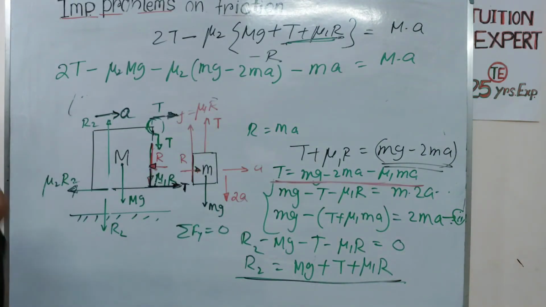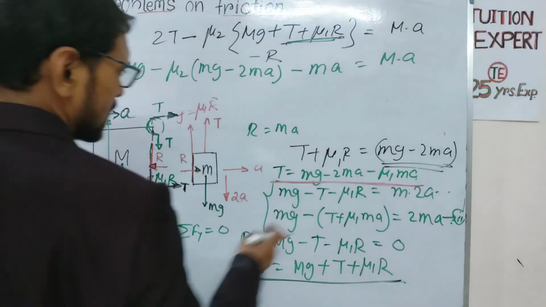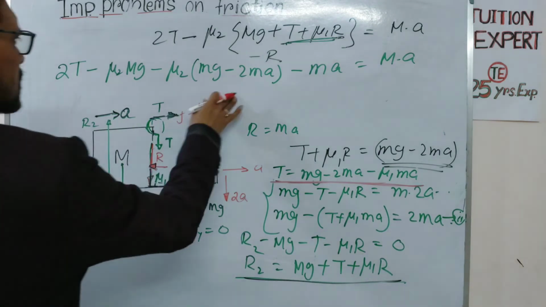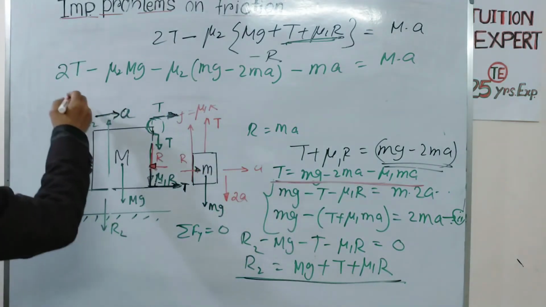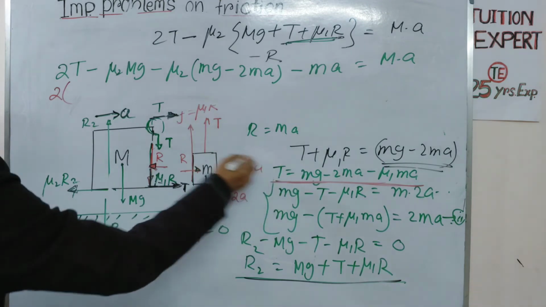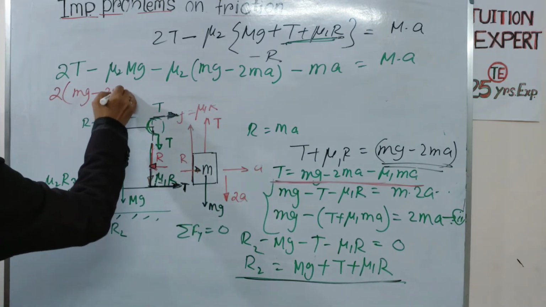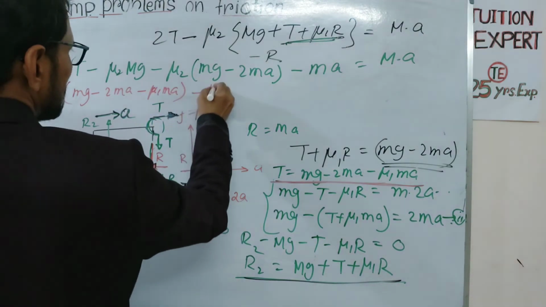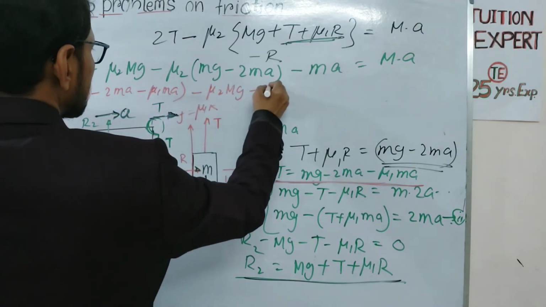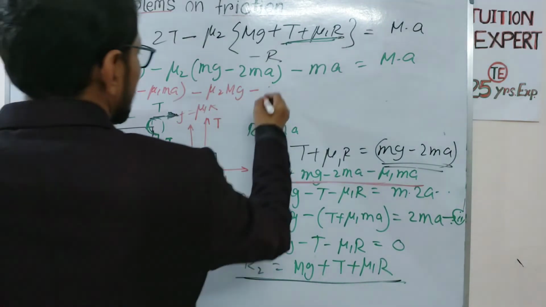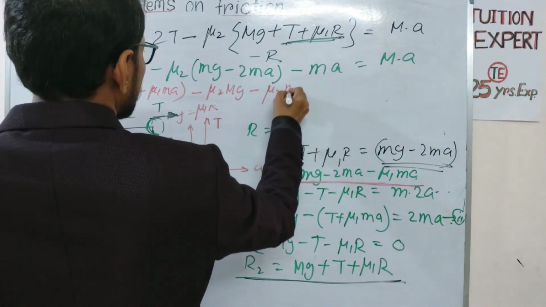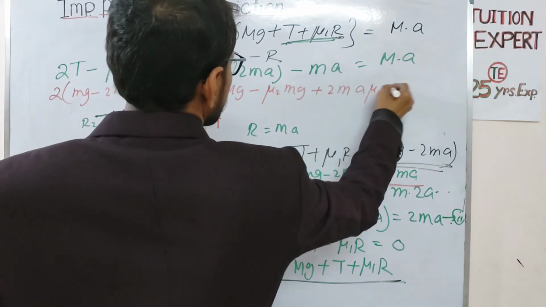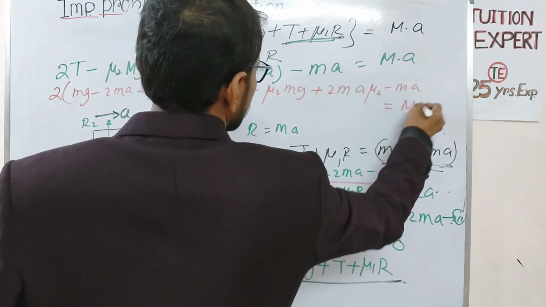We have to find the acceleration, so we have to eliminate T. T equals this, now put it here, we get 2 into mg minus 2ma minus mu1 ma, minus mu2 mg plus 2ma mu2 minus ma equals capital M into a.